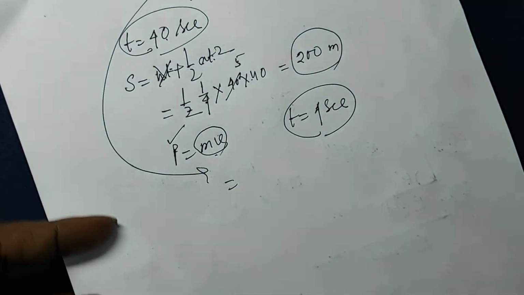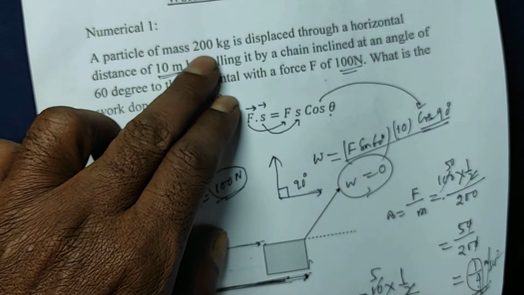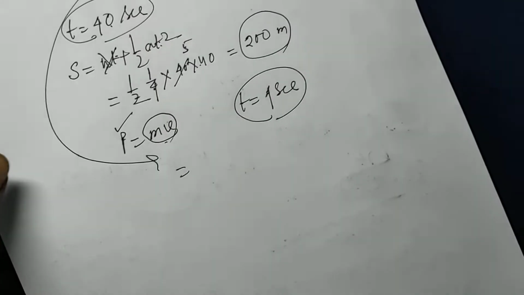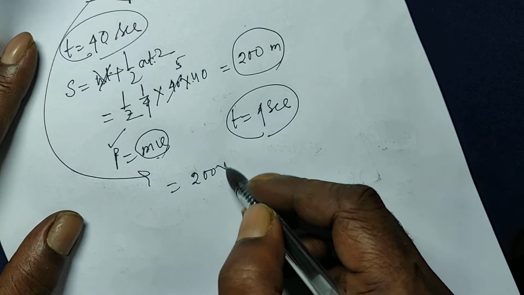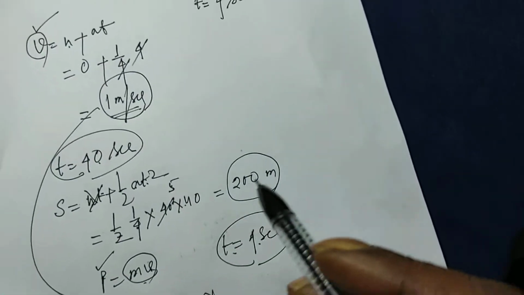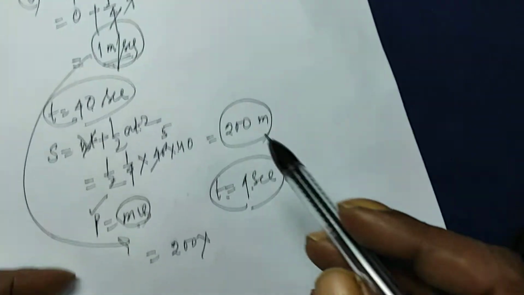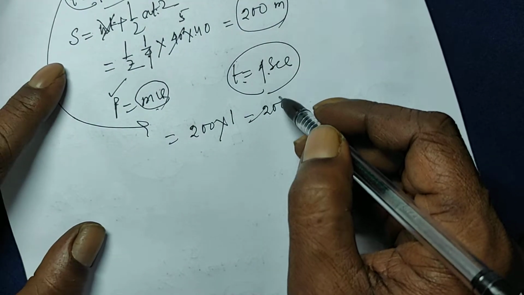Mass is given as 200 kg. So you can put 200 here. Velocity after 4 seconds, we calculated as 1. So put 1. So that is equal to 200.